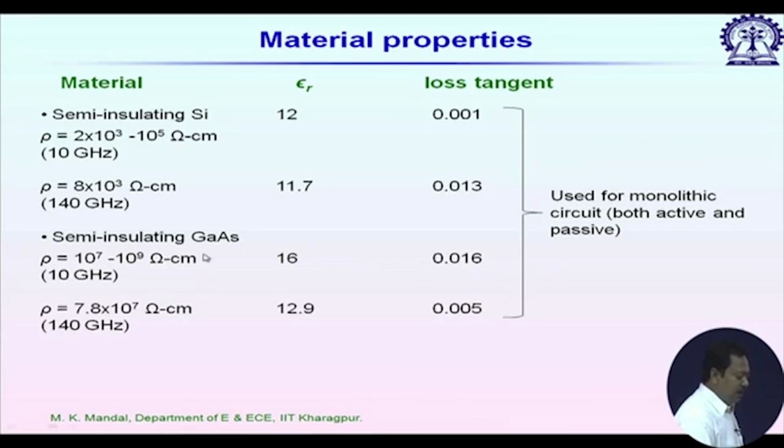So, semi insulating gallium arsenide, rho typically 10 to the power 7 to 10 to the power 9 ohm centimeter and epsilon r is quite high, 16.